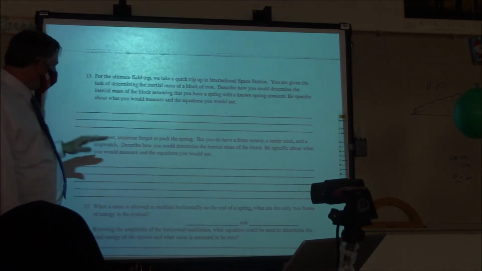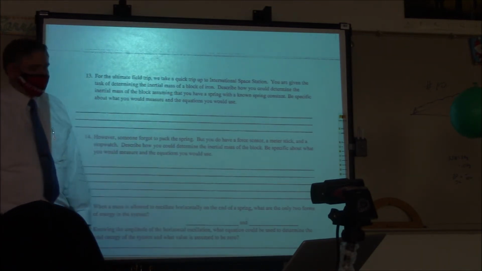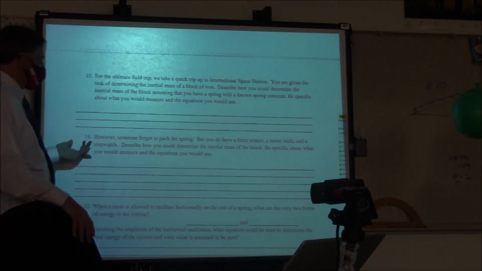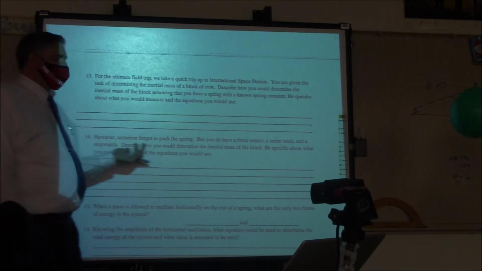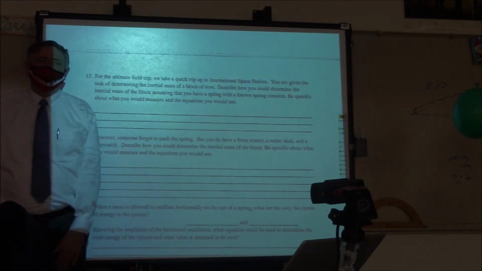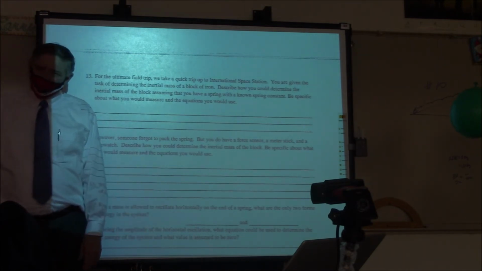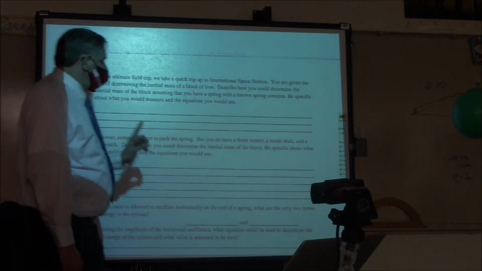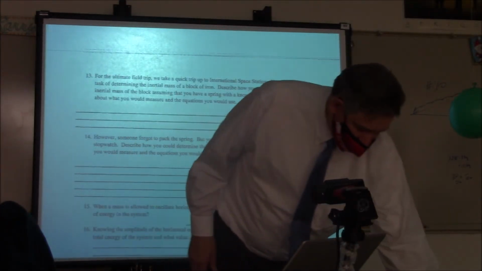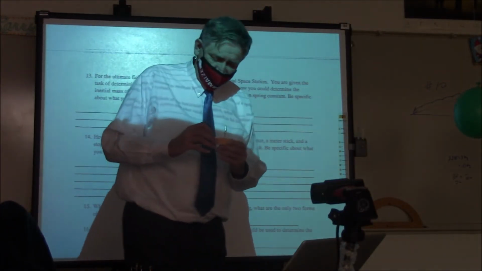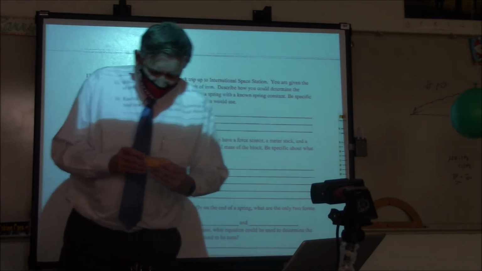Now, when you get to number 14, let's just say we get there, and we realize that we don't have the spring. Well, okay, but you do have a force sensor, like this. You all have seen these, right? So we can turn this on.